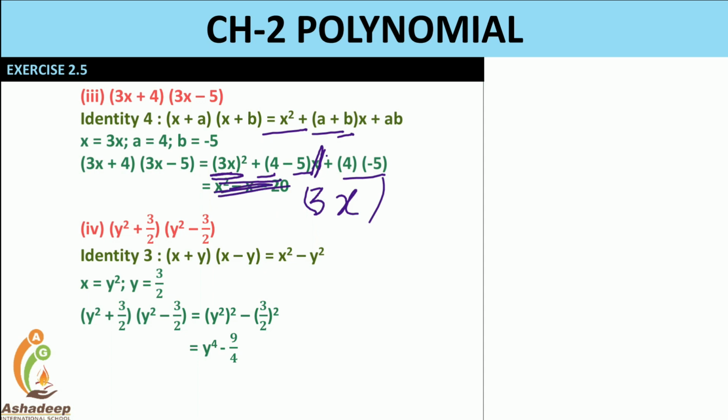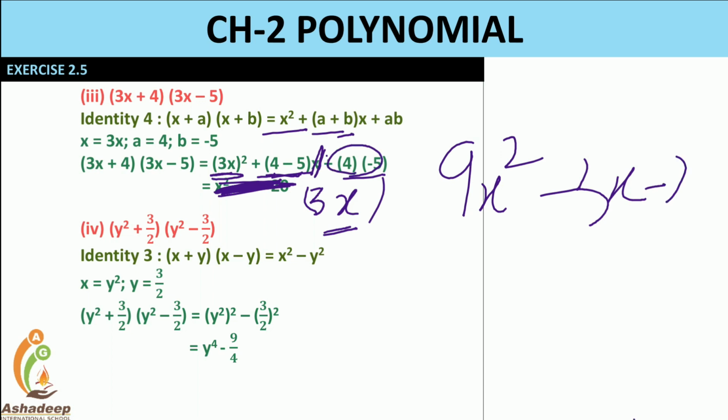Okay, so leave this answer, it might be a mistake. So 3x square, it is nothing but the 9x square. Here it is minus 1 into 3x. So answer is minus 3x, and 4 5s are minus 20.